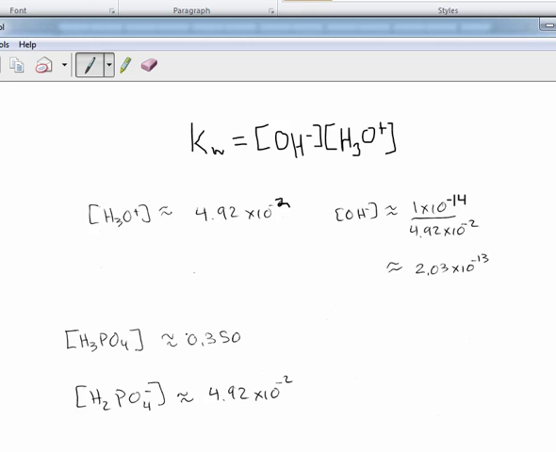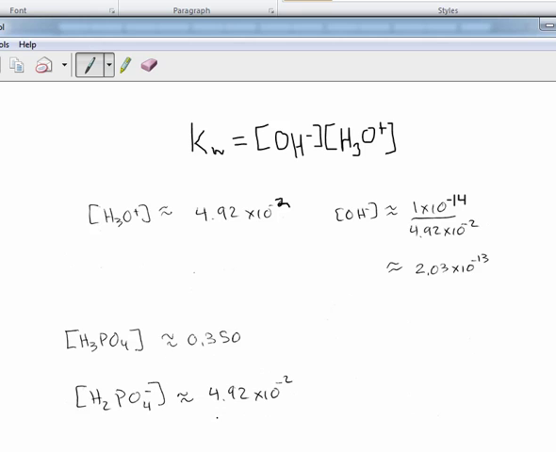So my concentration of phosphoric acid is going to be approximately 0.350. I could actually subtract my 4.92 times 10 to the minus 2 from this. I'm not sure how much of an estimation Sapling wants, so if it didn't take this, then I would subtract my 4.92 times 10 to the minus 2 to see if that would give me the answer.